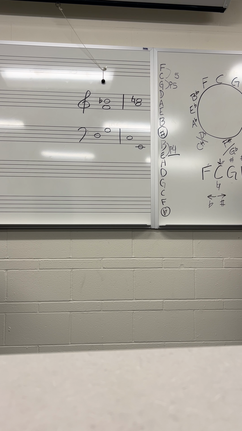So let's go 2 back, 1, 2, and all of these notes would be sharp in the key of E. And then we get to B, which has 5. We're going to skip one, and A, D, G, C, and F will be sharp in the key of B.